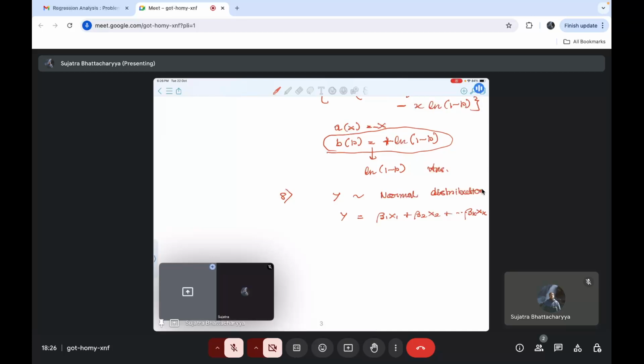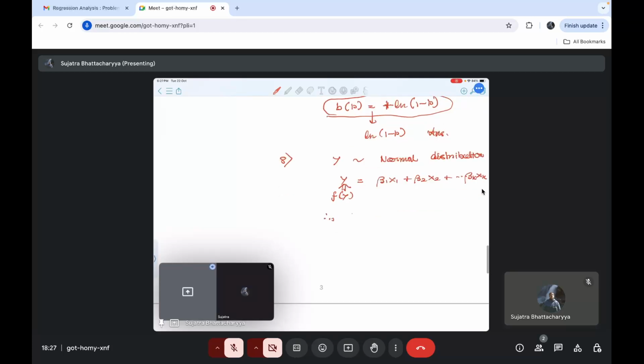So it's sure that if y is coming from a normal distribution, then your f of y is actually equal to y. So here f of y should be equal to 1. But if you want to go from the exponential family of distributions, you should remember that the natural parameter in this case is mu upon sigma square, where sigma square is a nuisance parameter, right?